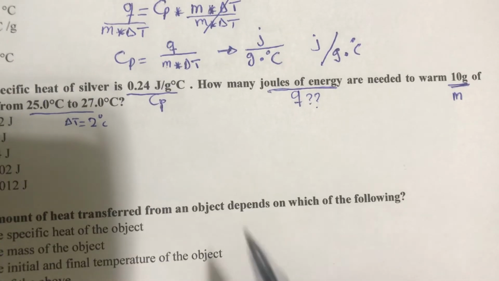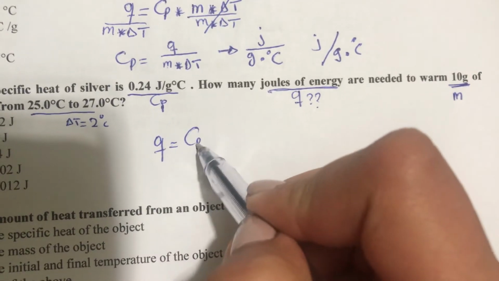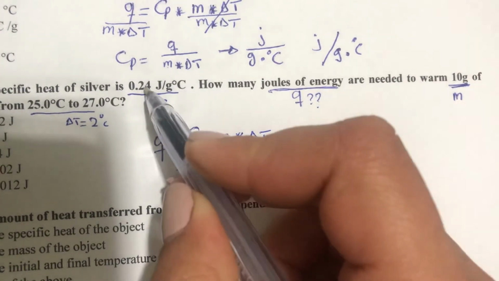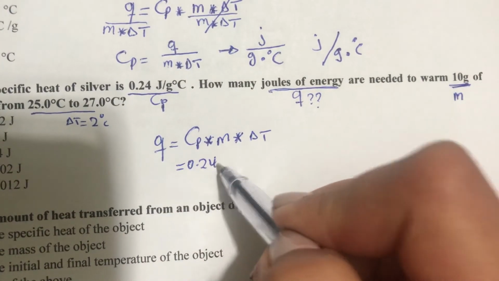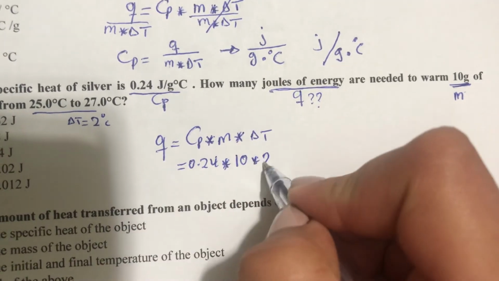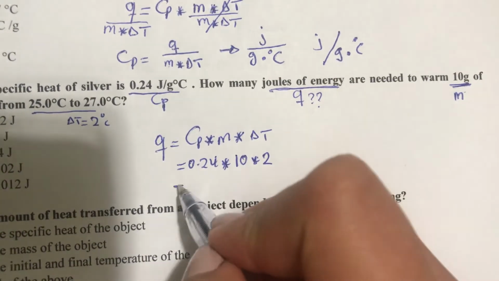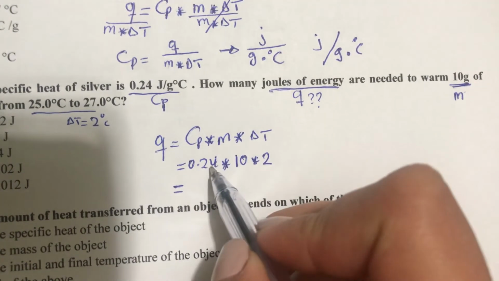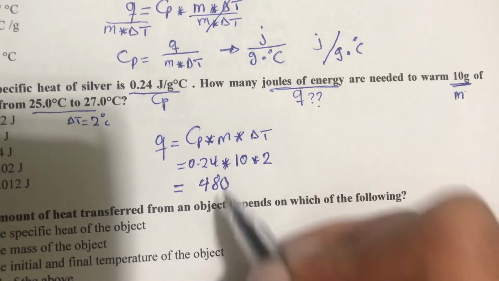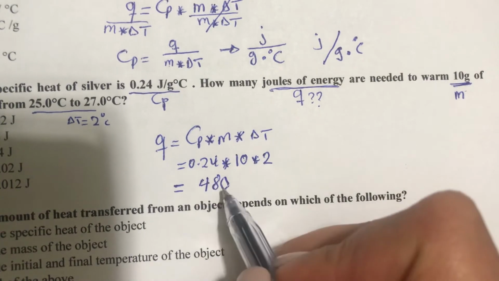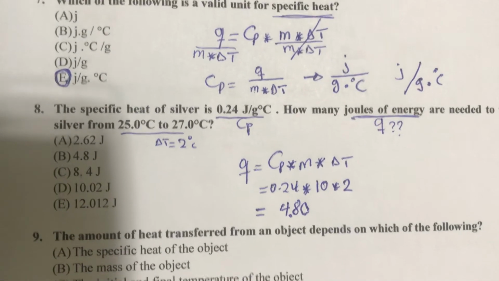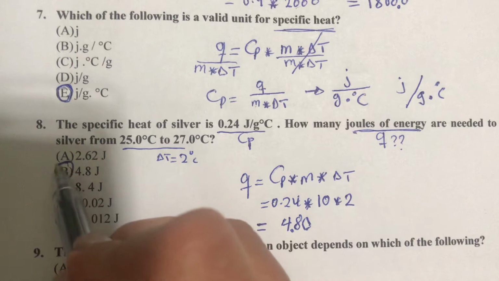So Q equals specific heat times mass times delta T, which is 0.24 times 10 times 2, which is 2 times 24, 48. You have 0 here, and the decimal after 2 units, 1, 2. So the answer is 4.8. So the correct answer is B.